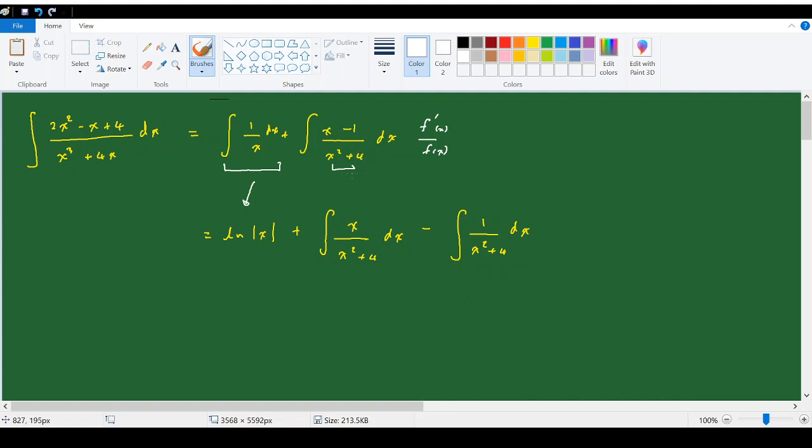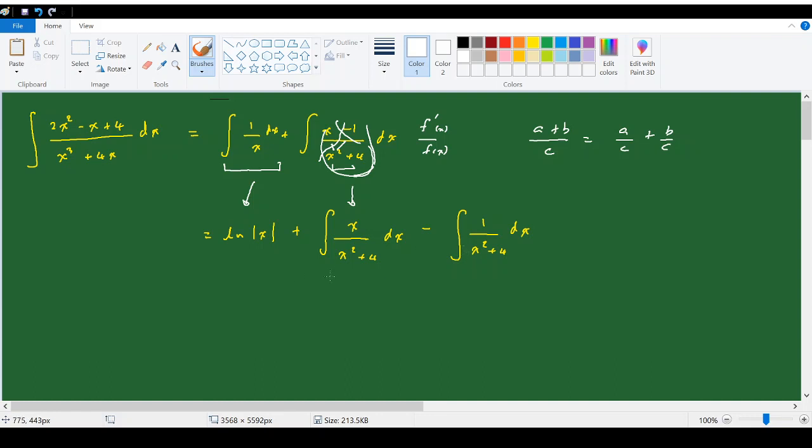the next thing that we can do is we can just separate out the denominator into each of these two terms. It's like if we have a plus b divided by c, we can write it as a over c plus b over c, right? So this together with the denominator we can write a separate term, and the same denominator together with the other term we can write a separate term.